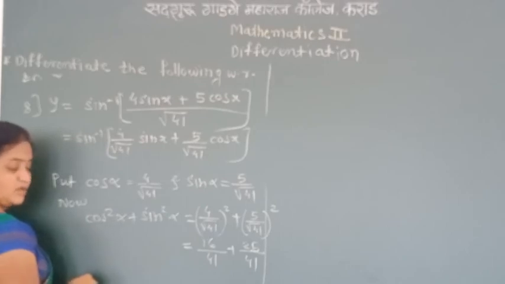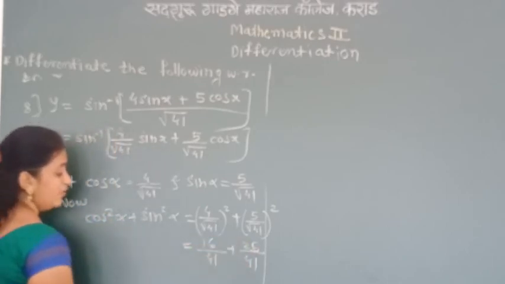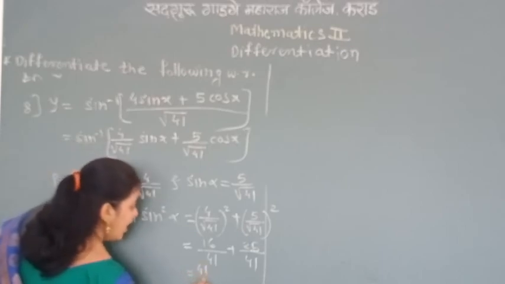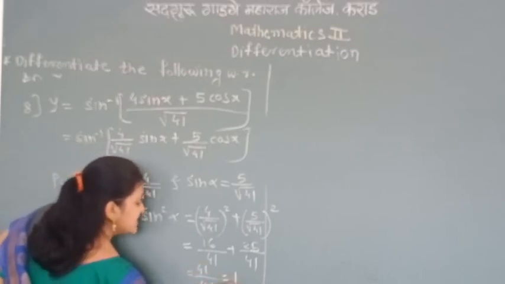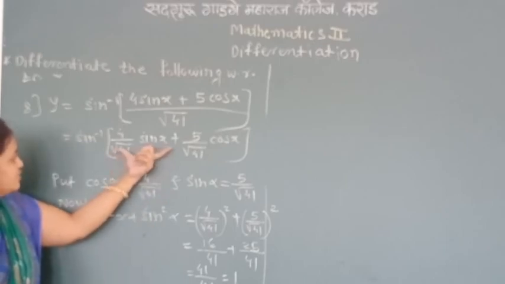Denominator is the same, so add the numerators. 16 plus 25, we get 41 upon 41, which is 1. So this identity is proven here, so these terms we can substitute in here.